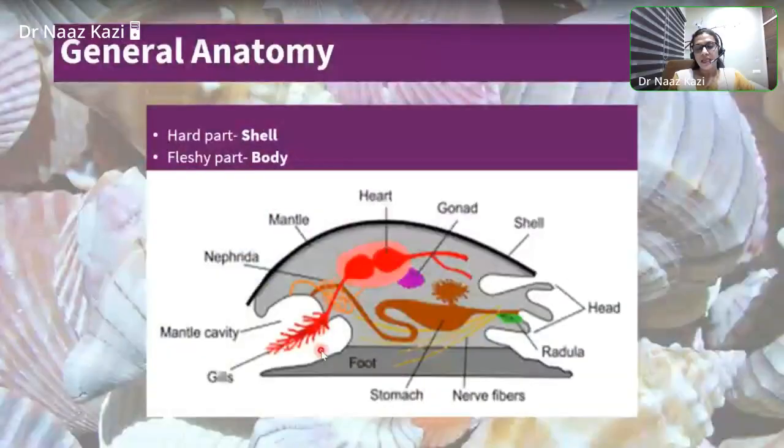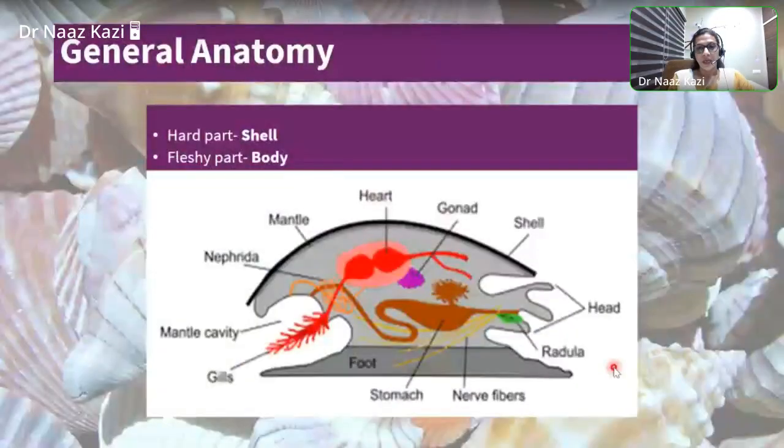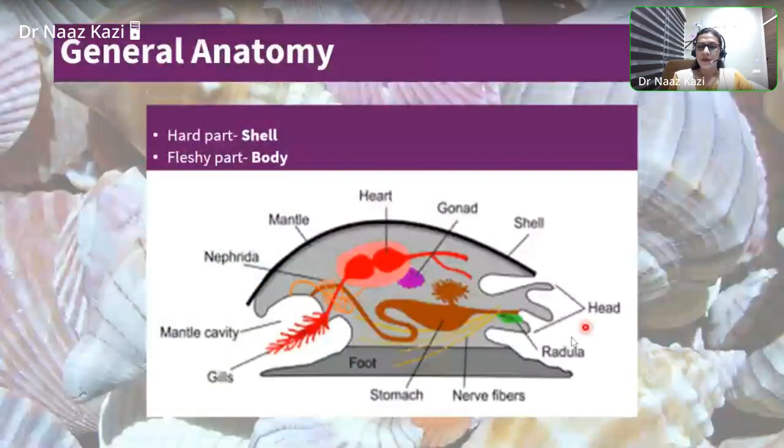There is something known as the radula, which is a tongue-like structure, the feeding organ for the mollusk. It has a toothed appearance, and they use it for scraping and cutting the food or the shell, whatever, right? And in some mollusks, they have a complex nervous system. Hence, there is a well-formed head with sensory eyes and tentacles.